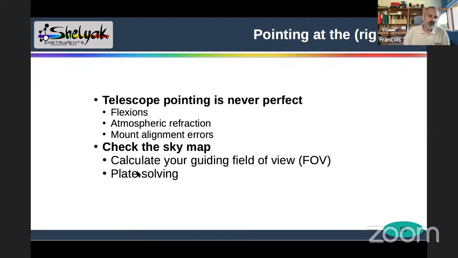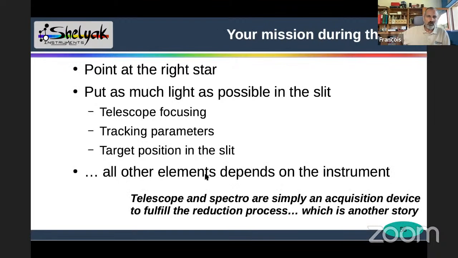Also, today we have plate solving tools, like the astrometry.net system, where you just send an image with the pattern of stars, and the system is able to recognize the pattern and say the center of your image is exactly at these coordinates. It has really changed our lives, and it is important to use it. In any case, make sure that you are pointing at the right star.